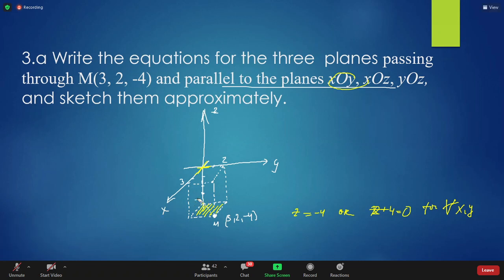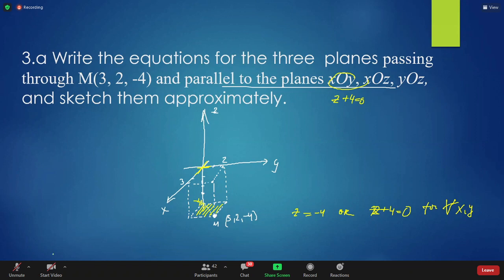It was -4. I will write it more clearly, that's all. -4 is this point on the z-axis, and that's this plane. So the first equation, z plus 4 equals 0. That is the one parallel to the xy plane.